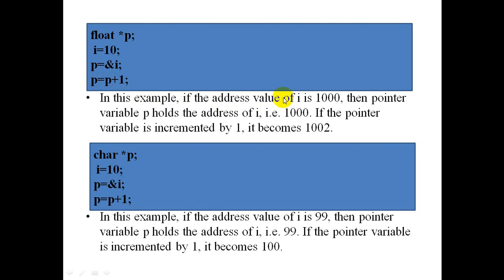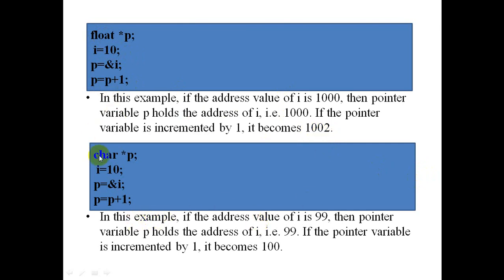In this example, let us consider the address of I is 1000. The pointer variable P holds the address 1000. If it is incremented, it becomes 1002, because the size of the float data type is 2 bytes.